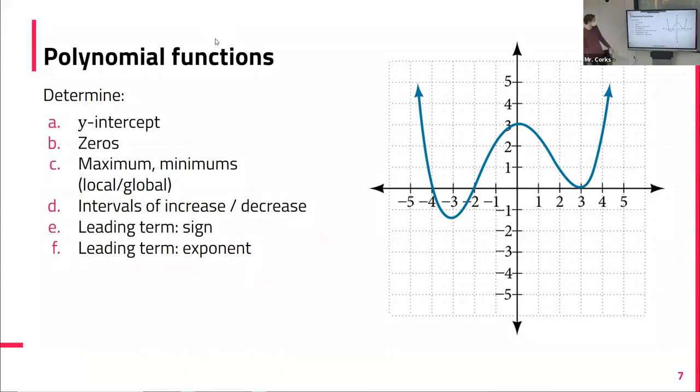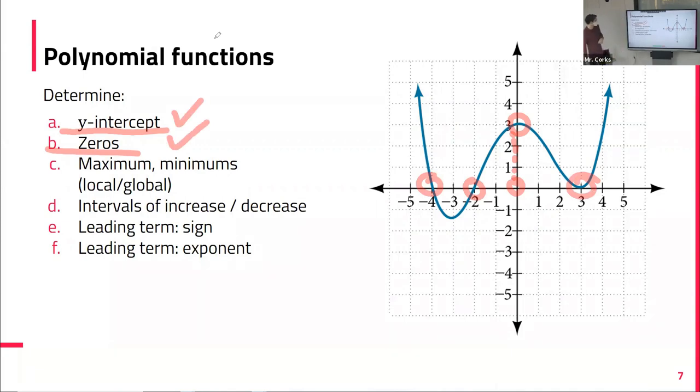So what is the x value of the y-intercept? 0 here. Okay, so there's our y-intercept. Draw our line down. It's 0 on the x-axis. What about the zeros here? -4, -2, and 3. So that's 3 zeros there.